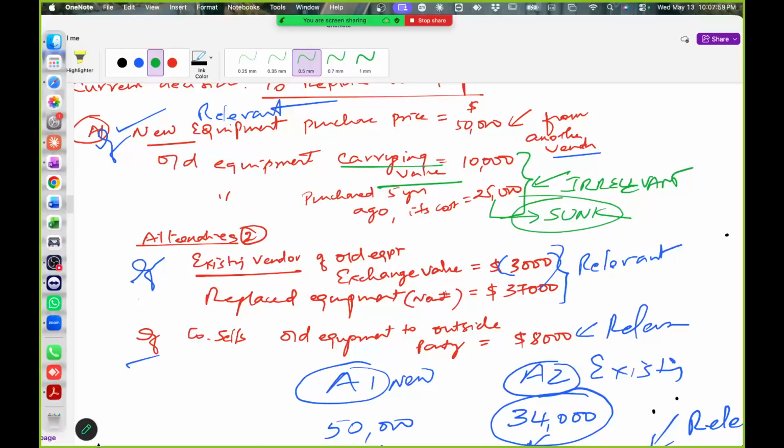But maybe one staff member you want to reduce. One staff reduction cost is relevant, not nine staff. Before there were 10. Now your business class is not getting filled, so you try to reduce one. That is relevant. Don't simply bother about all 10 people's cost.